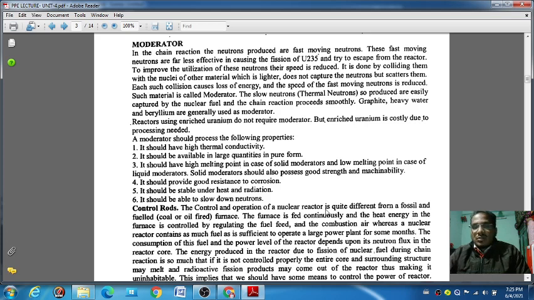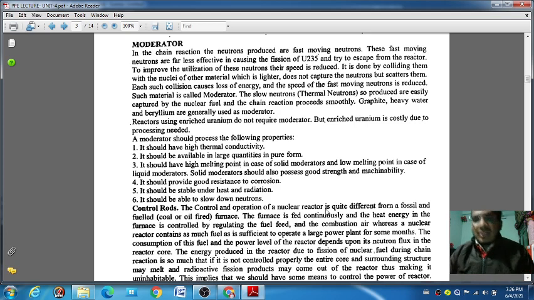Here we are producing neutrons, moving fast, and when we use uranium 235 fuel they try to escape from the reactor, but the moderator has good utilization and reduces the speed of the neutrons in the reactor, so they will not escape.